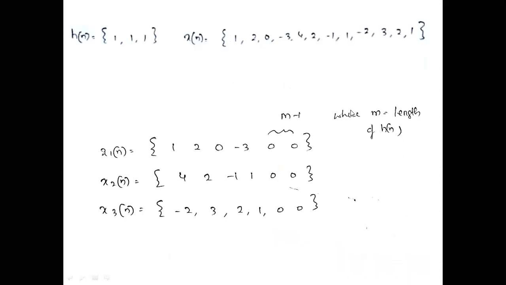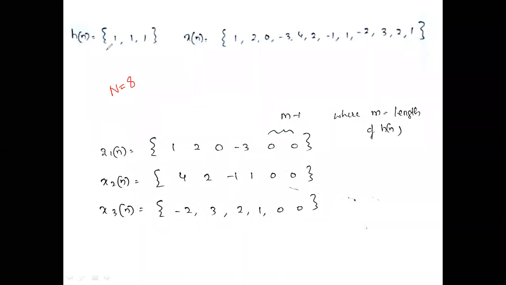Now let me ask you, if the author says you have to use N equal to 8, that means you have to use an 8-point circular convolution only, because the DFT chips available are of length 8. Then how many pieces of x of n do you want, and can you tell me the sequences?